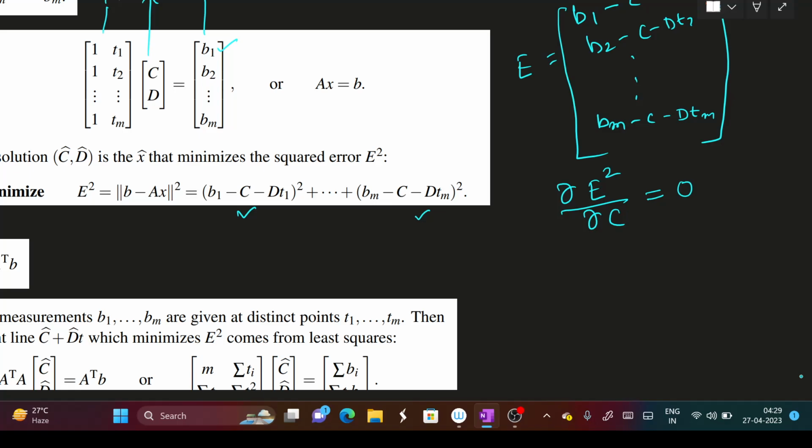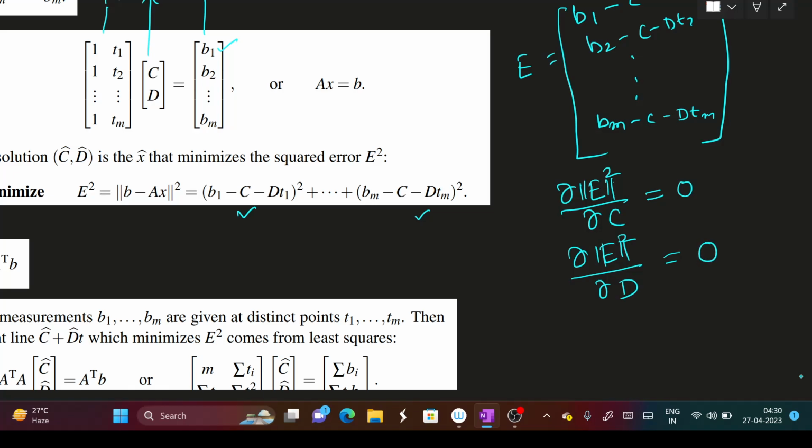Solving it, we will get the value of C. Similarly, another equation is dou of the length squared by dou D equal to 0.